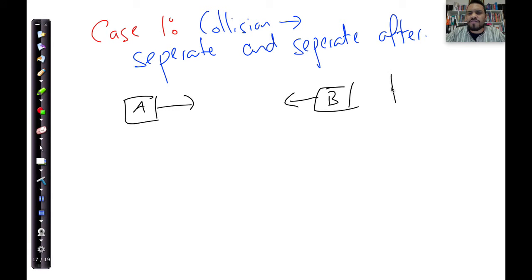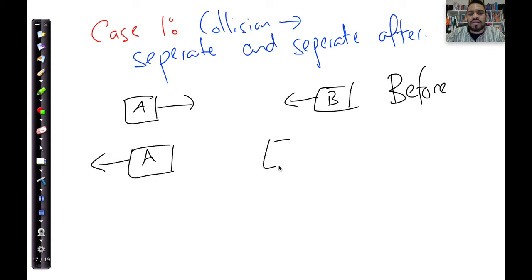And this is before the collision. After the collision, the following happens. A moves that way and B moves this way. And that is what things look like after. Okay, so let me tell you, this will be our case 1, right?